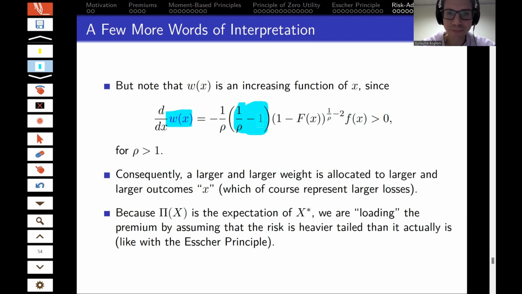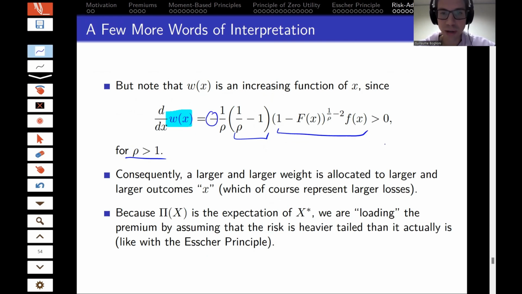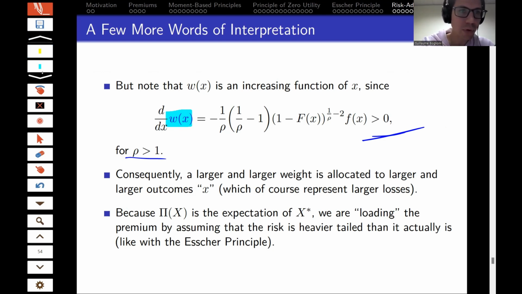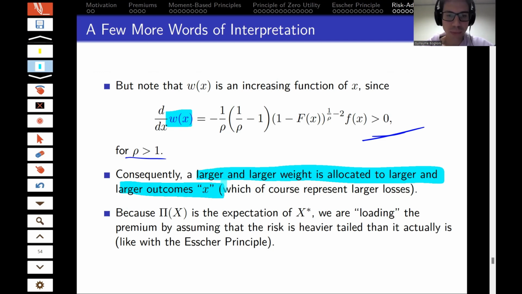But then this expression is strictly positive if rho is strictly bigger than 1, because then 1 over rho is smaller than 1, so the exponent is negative. It cancels the negative here, and everything else is positive. So overall, this derivative is positive. The weight is an increasing function of x. So you can say a larger and larger weight is allocated to larger and larger outcomes of X, which of course represent larger losses.